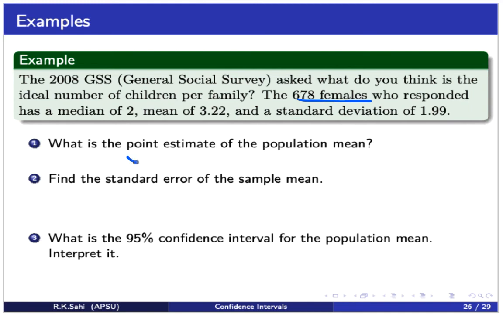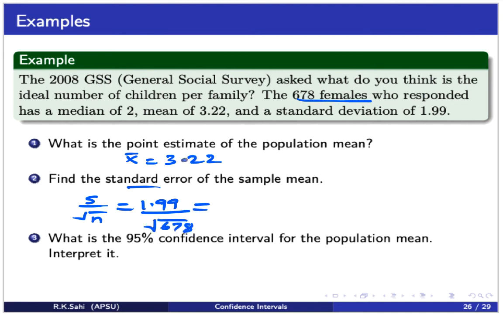Point estimate means x bar, 3.22. What's the standard error of this sample mean? It's s over square root n. 1.99, n is 678. That comes about to 0.0764.